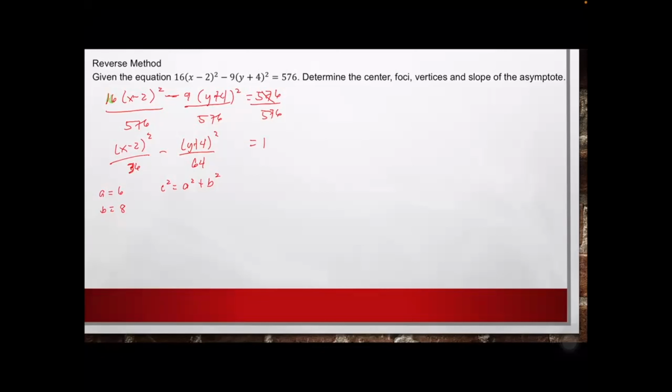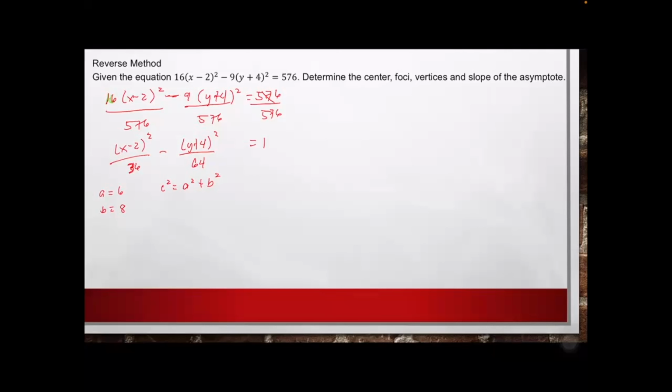Now, bakit siya naging 36? Kasi 16 over 576 ay 36. Then, paano siya naging 64? 9 over 576, this is 64. Then, 576 divided by 576 is 1. Okay pa?